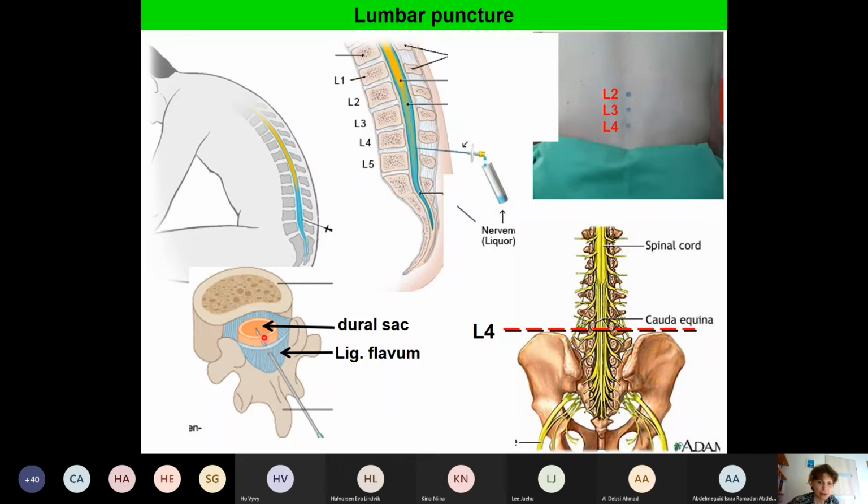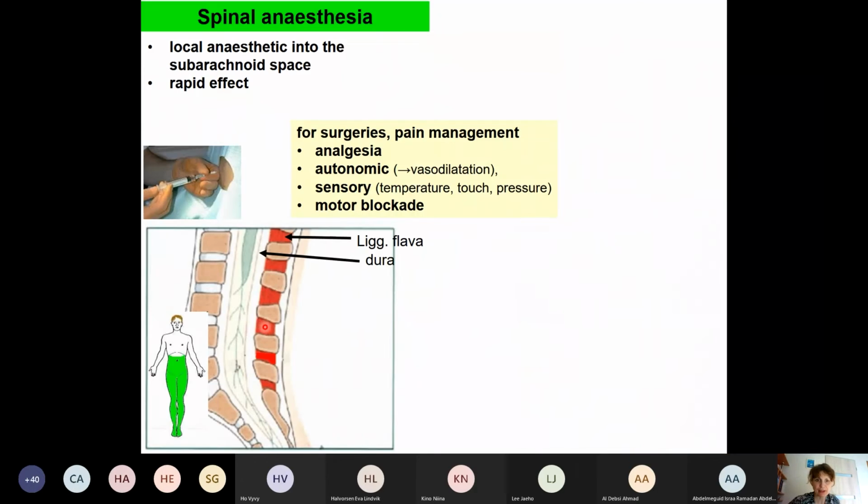Then you have to pierce the dura as well, and then you will reach the subarachnoidal space where we have the cerebrospinal fluid. And with the same intervention, we can carry out spinal anesthesia as well, as you can see in a small animation here.